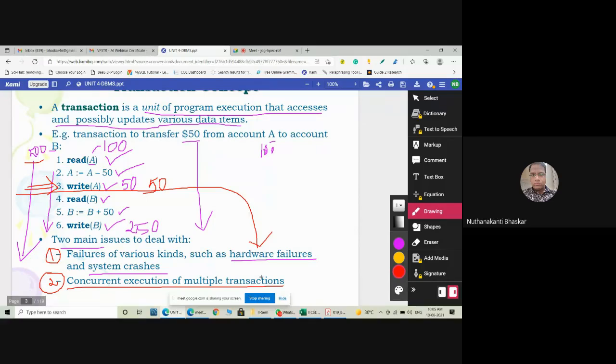It is a sequential process, one by one. If you want to transfer money or withdraw money, first you have to withdraw, then again you have to transfer. It takes different sequential actions. That's why there is no chance of concurrency.